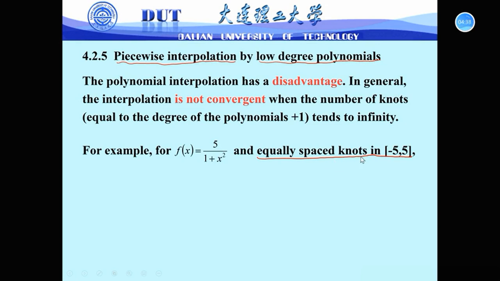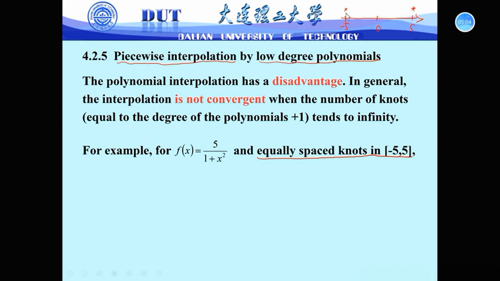Equally spaced nodes means, if n equals 2, we choose the two endpoints.